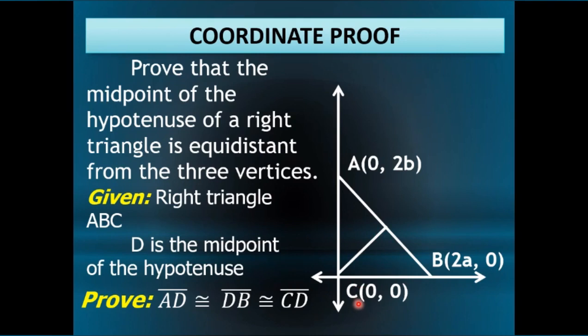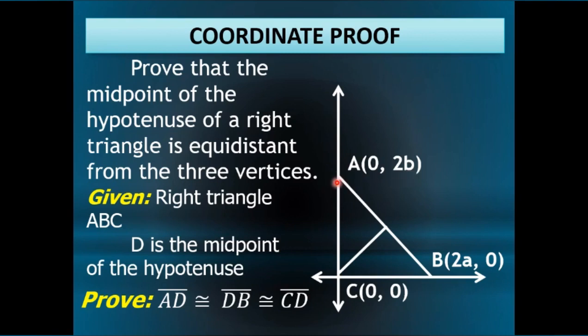So for point C, the coordinates are 0, 0 because this point C is found at the origin. Our point A will be 0, 2b. So in that case, let us say this one is point A, this is b, so that is why we have b plus b is 2b.